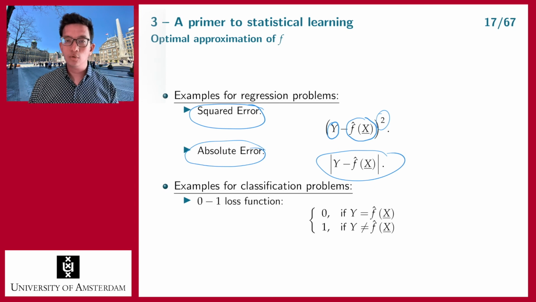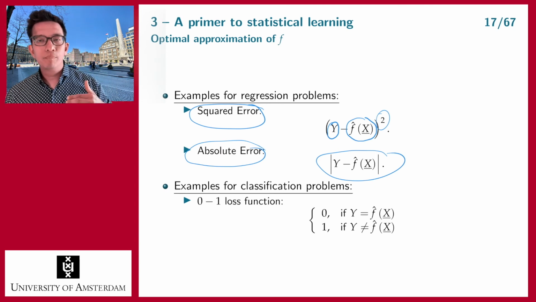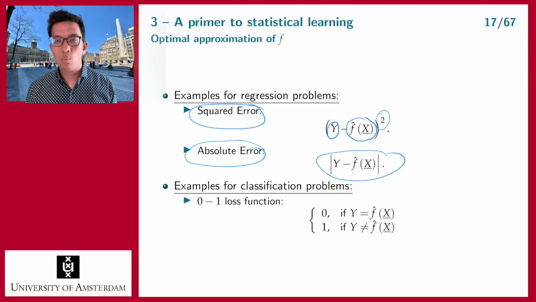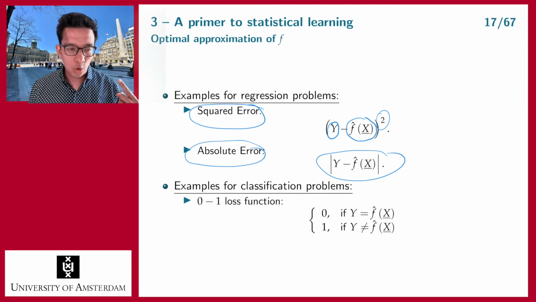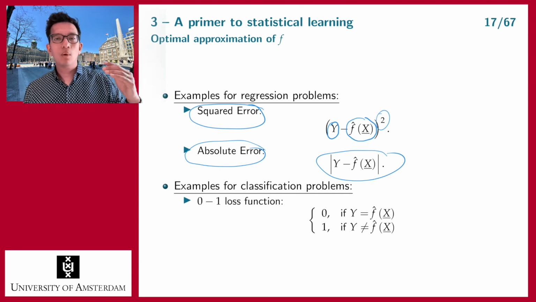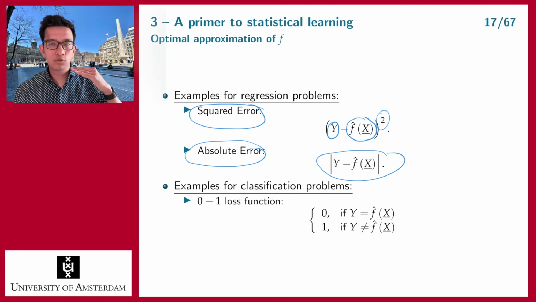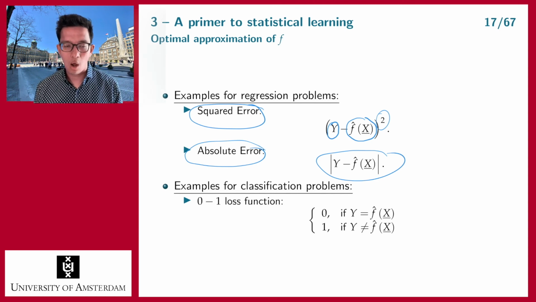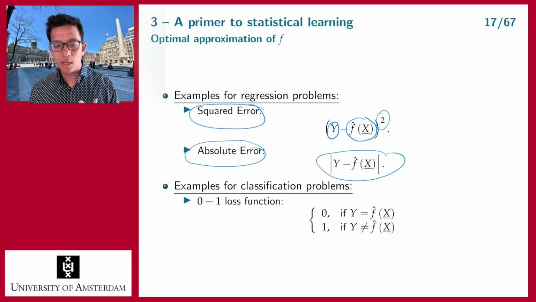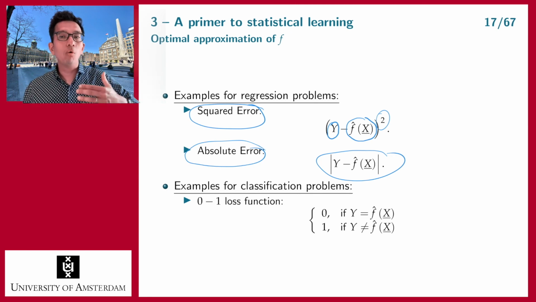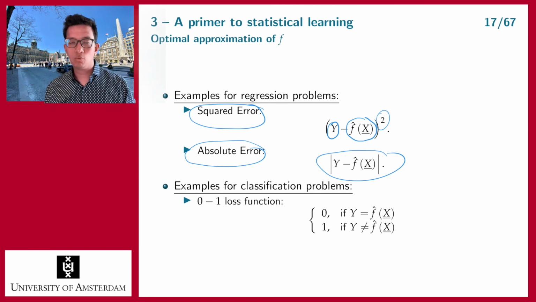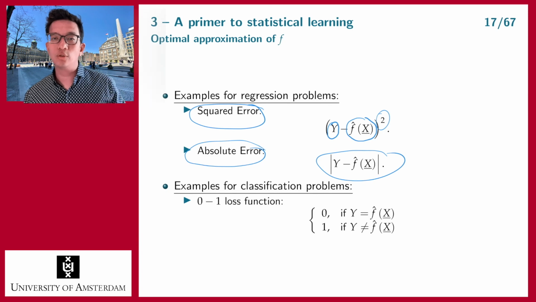It could be that you say, well, actually, if I overestimate y, that should be penalized differently than when I underestimate y. For example, if y is your risk level, you want to estimate how risky is my investment portfolio, then it's better to overestimate the risk, to be on the safe side, than to underestimate the risk.